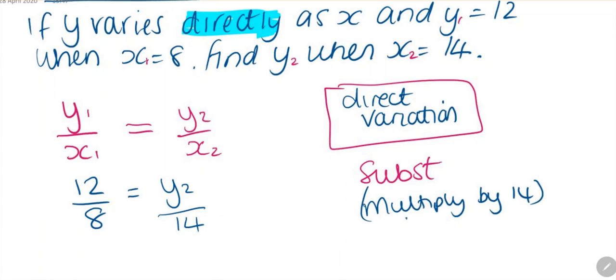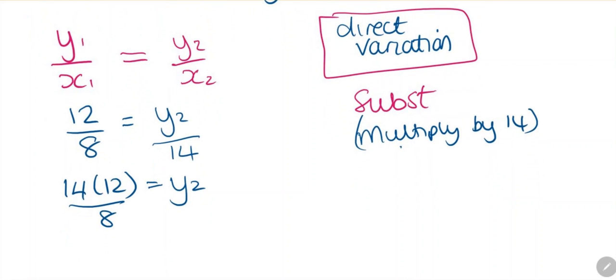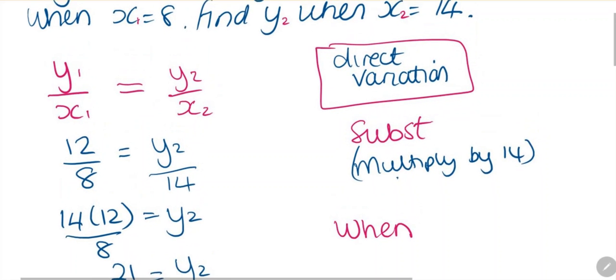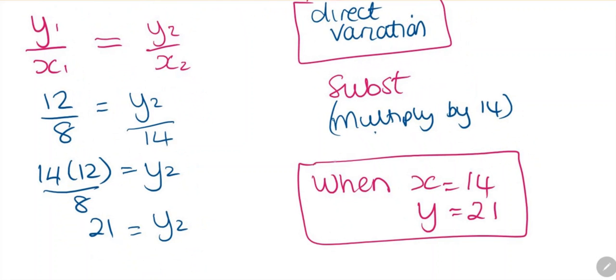We could cross multiply. 14 multiplied by 12, divided by 8, would simplify, and I'm just left with y2. If I work out this value, I would have 21. The question says find y when x is 14, so when x is 14, y is equal to 21.